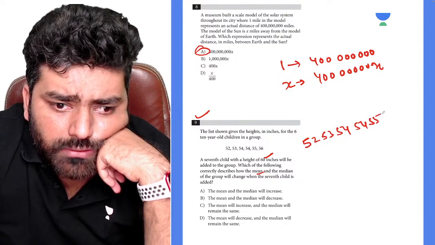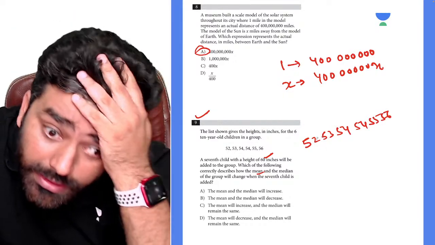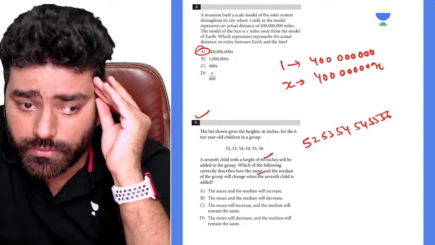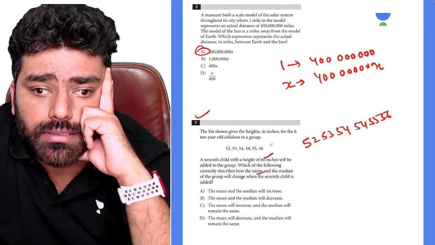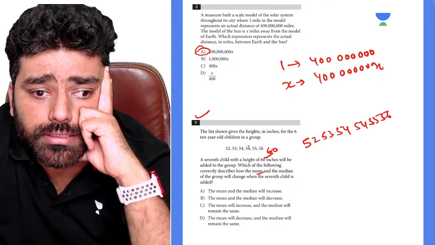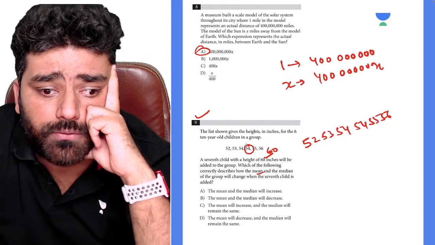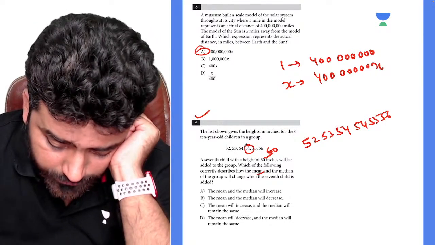Definitely the mean is going to increase, right? What about the median? The 7th student is 60. Here the median is 54, so in this case the median will also be 54. The median will remain the same, and the mean will increase. So C is the answer, right?